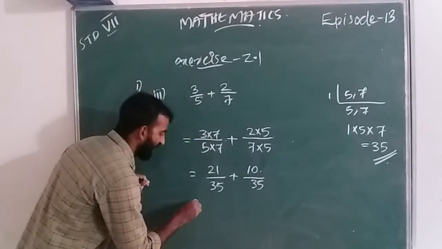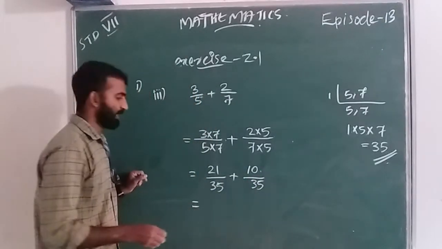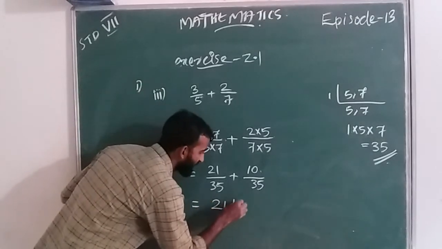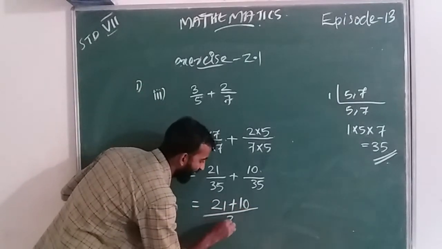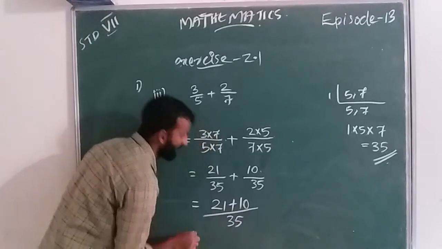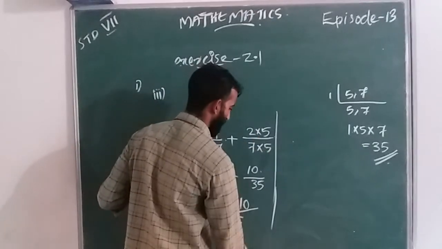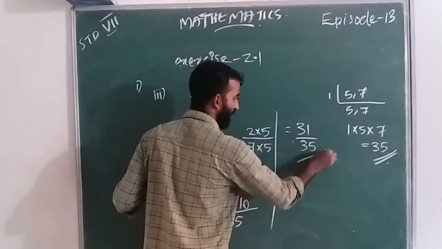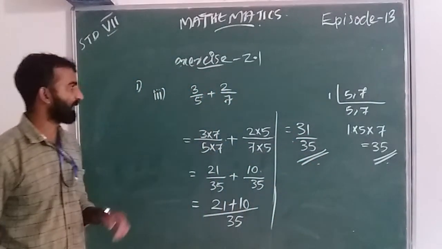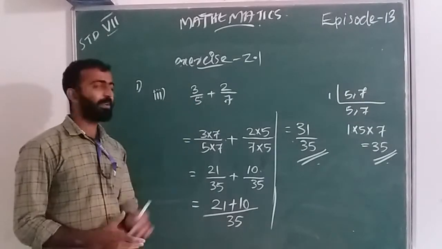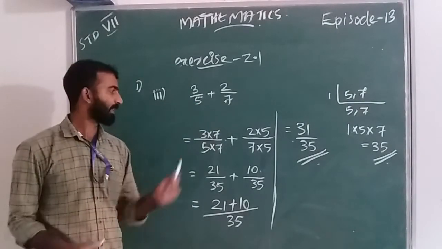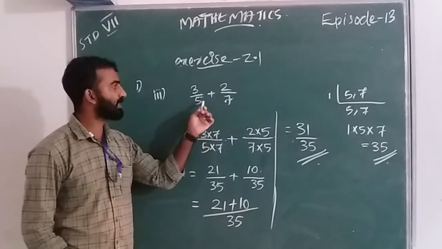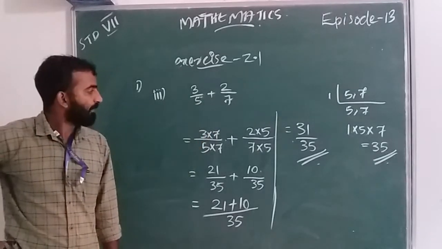The next step is 21 plus 10 by 35, which is 31 by 35. So for 3 by 5 plus 2 by 7, we first take the LCM of the denominators.